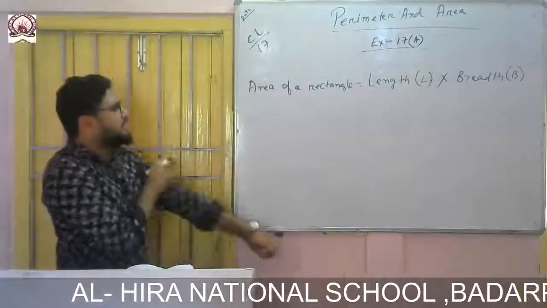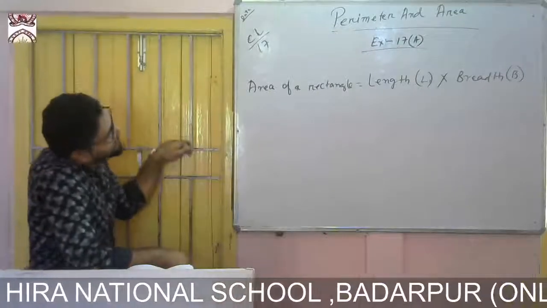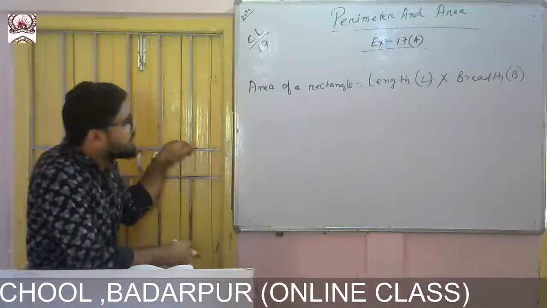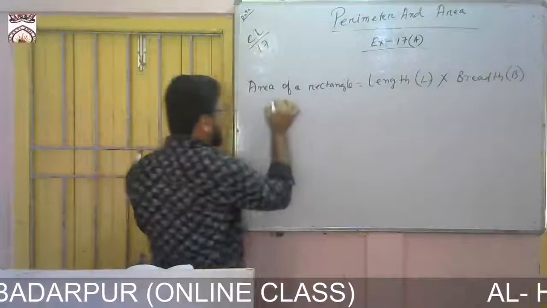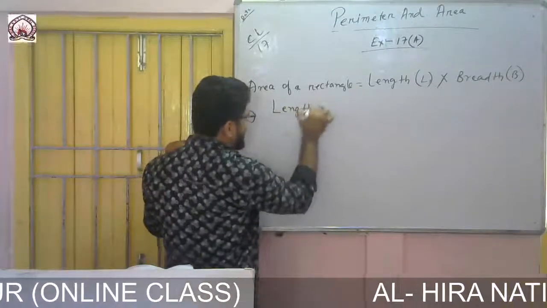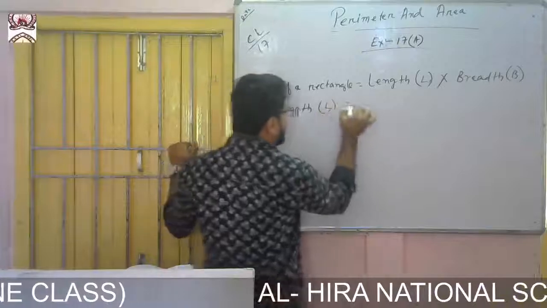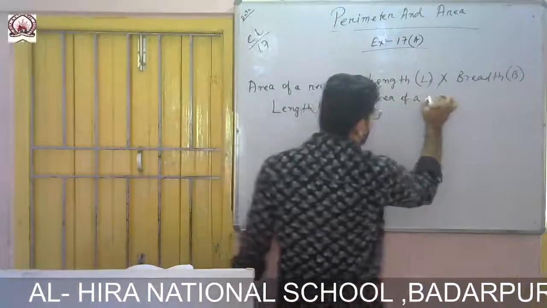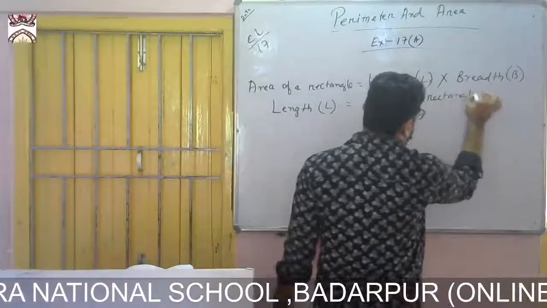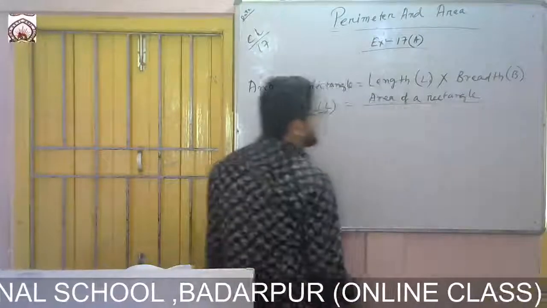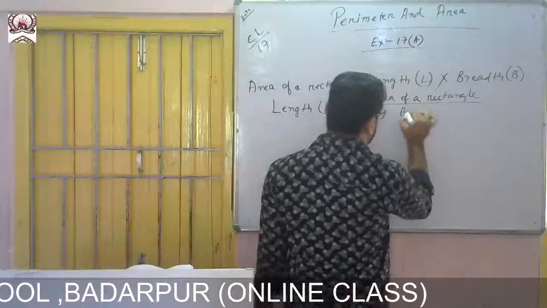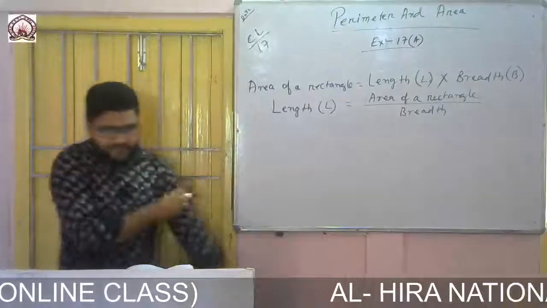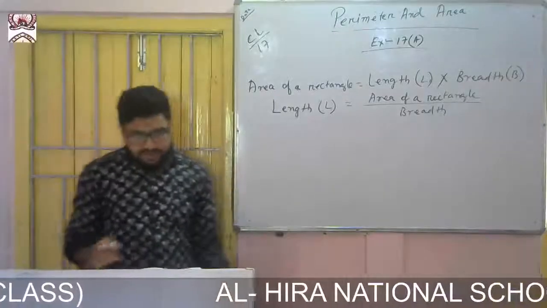Okay, this is the formula for the area of a rectangle. Now how to find length? The length formula will be L equals to area of a rectangle by breadth.